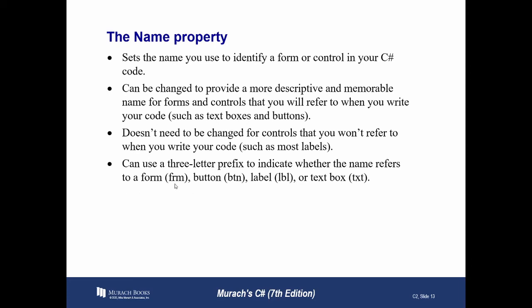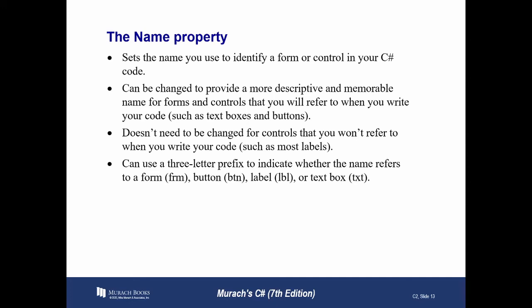That is FRM for form, BTN for button, LBL for label, and TXT for text box. If you don't properly label these, if you don't use the prefixes, I guarantee you, you are going to get confused between your objects.